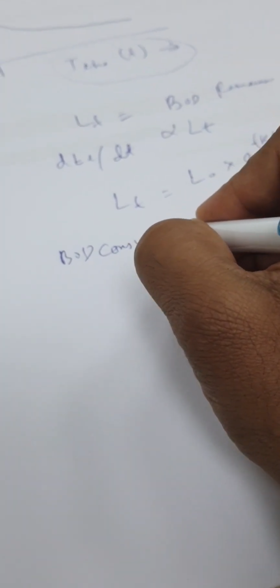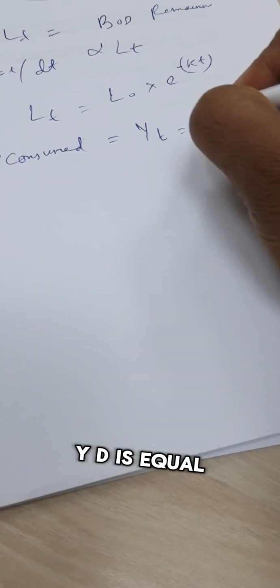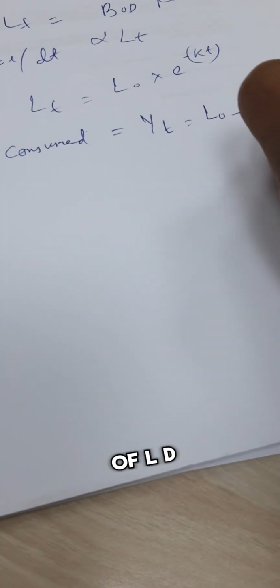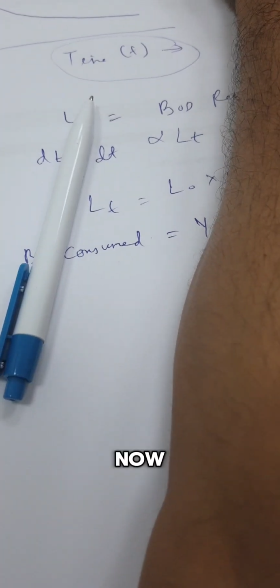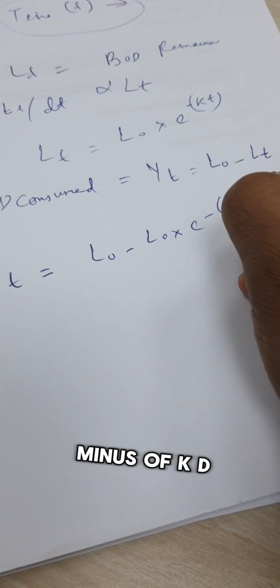So the BOD consumed would be Yt is equal to L naught minus Lt. Now Yt is equal to L naught minus L naught into e to the power minus Kt.